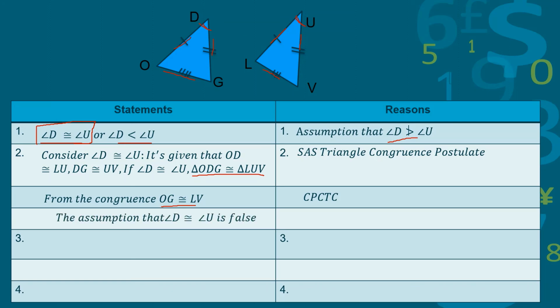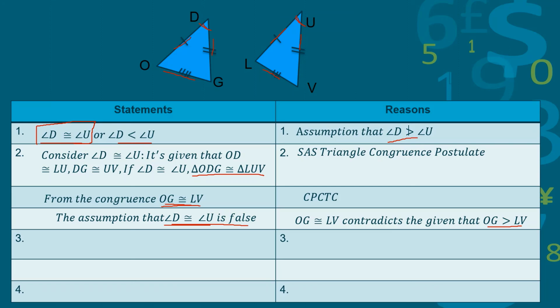The assumption angle D congruent to angle U is false. Bakit siya naging false? Kasi if in case na naging congruent yung angle D at angle U, magiging congruent yung OG at LV, which contradicts our given na OG greater than LV.